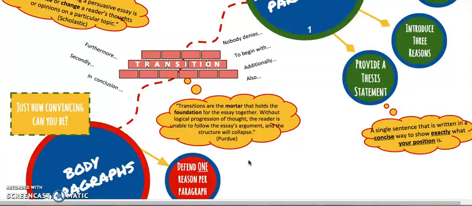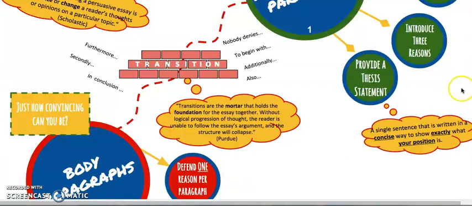Within your papers, you should transition between points and between paragraphs using phrases like nobody denies, to begin with, additionally, or also. You can also include words such as furthermore, secondly, and in conclusion to help guide your reader through the paper.